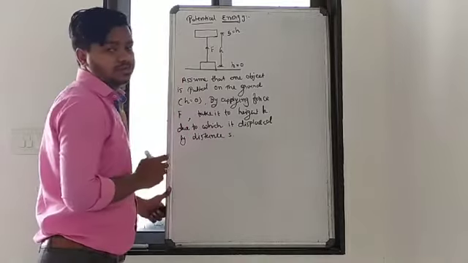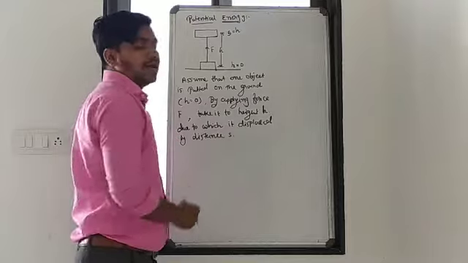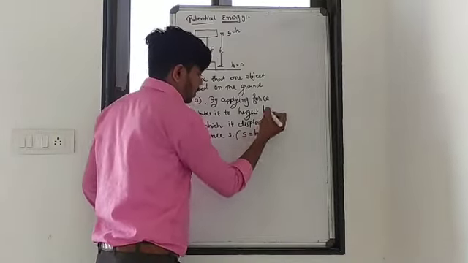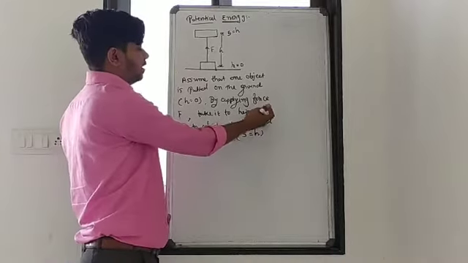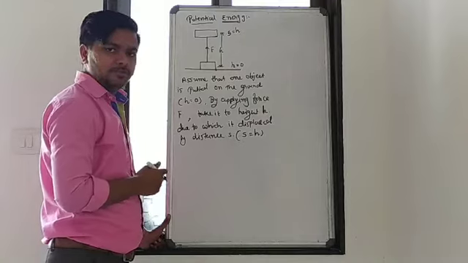The distance is s, the displacement by it, and s is equal to h, right? So s is equal to h, because that is the height at which we put the object, and it is the displacement done by the object.